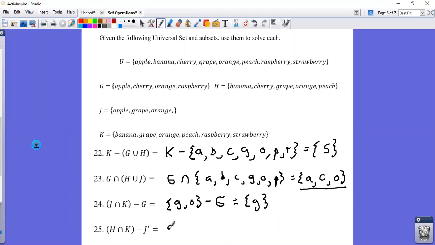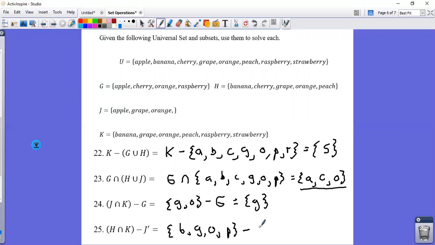H intersect K: H and K both have banana, they both have grape, they both have orange, and they both have peach.